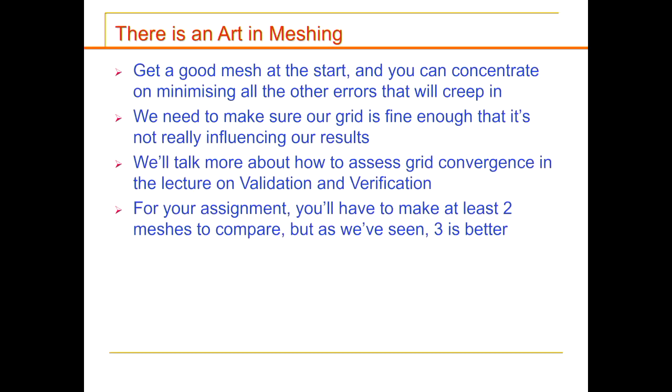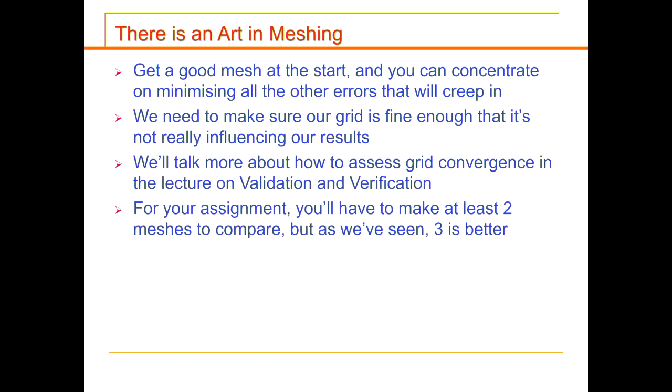Now, mesh is also very tightly linked to validation and verification. So you can see that whatever you're going to do in the group project will be fed into your individual project as well. Because you need to look at your solution to be mesh independent. So that means that the more resolved your mesh, you shouldn't have a change in your prediction.